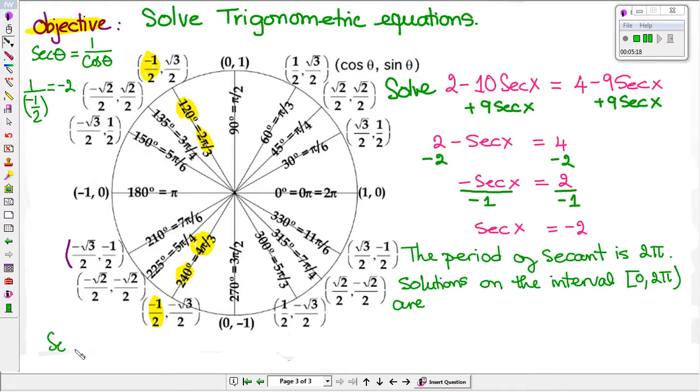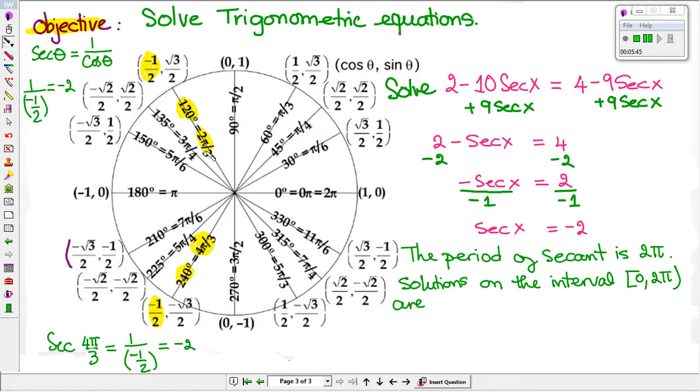Again, secant of 4 pi over 3 is 1 divided by cosine of 4 pi over 3, which is negative 1/2, and that will give us negative 2. So there are two answers, 120 degrees or 240 degrees.